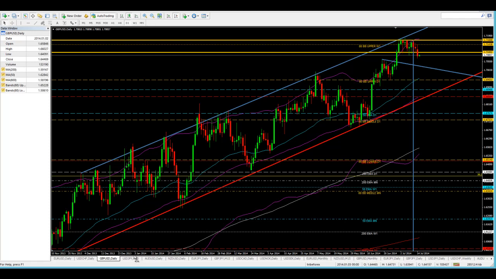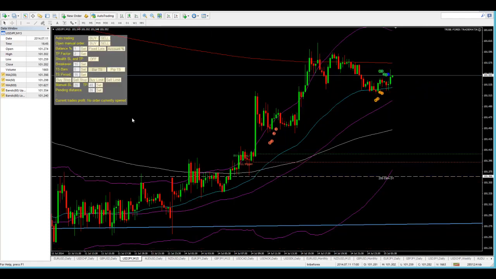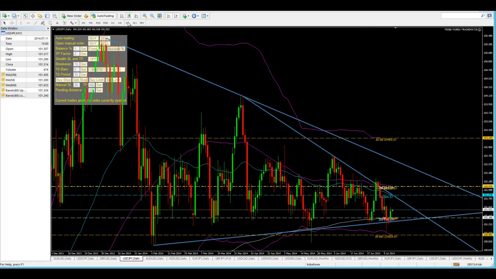Moving on to the dollar yen. Our dollar yen has a very nice flag formation here, and it looks more likely than not that price is going to move up from 101.50 to let's say 101.83.